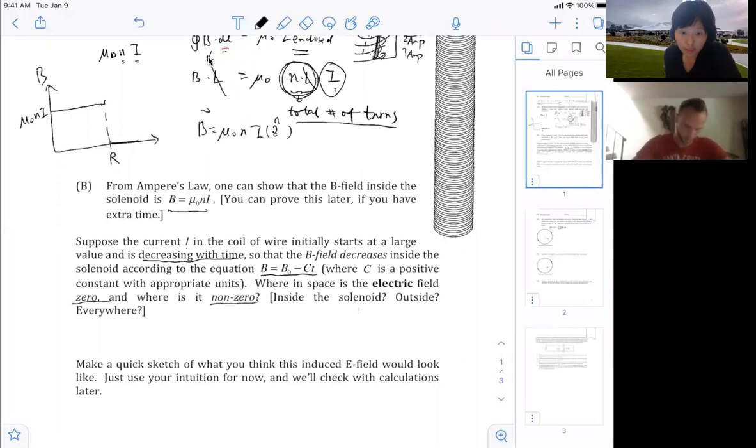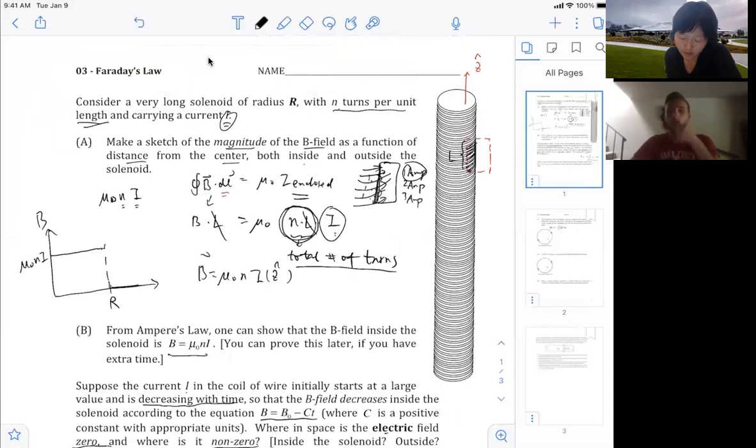It turned out that we had talked about this in class. If we hadn't, one might be tempted to say the electric field will be 0 outside. Why? Because B is 0 outside. So maybe E is 0 outside and non-zero inside. That might be a reasonable guess.